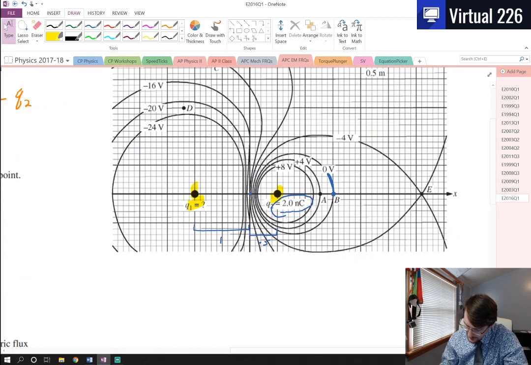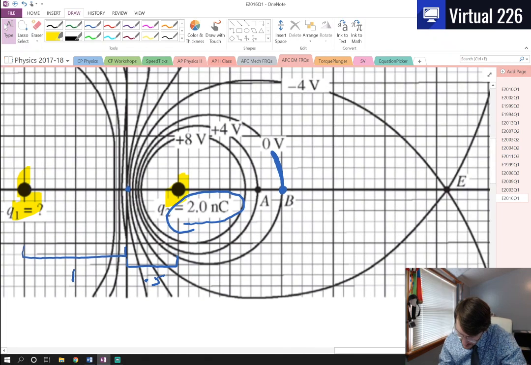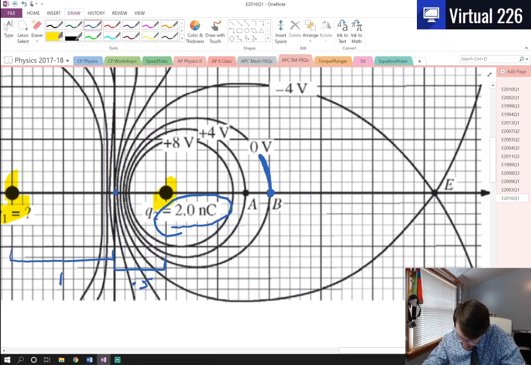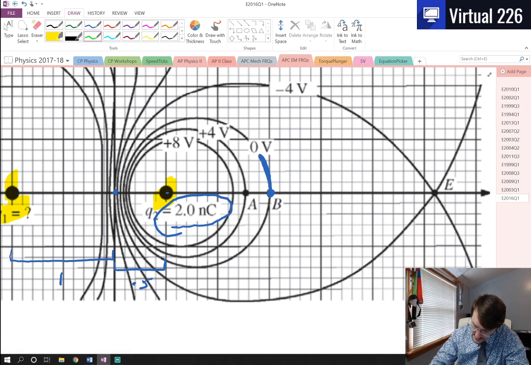Let's figure out how far away we are. Oh boy, drawn to scale. This is fun. So that's 0.5. That's 1. That's 1.5. So this has a spacing here of 1, and then this is 1.5 like that.